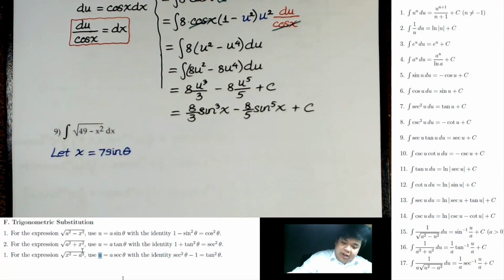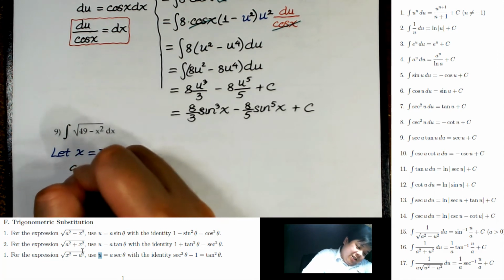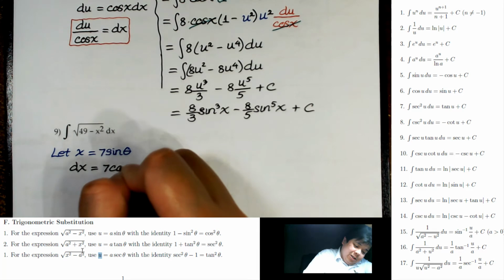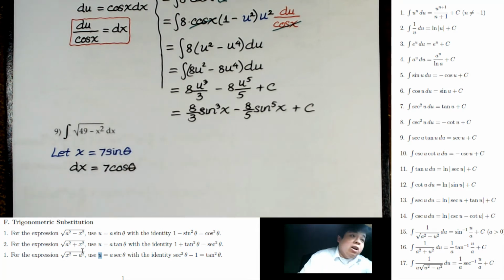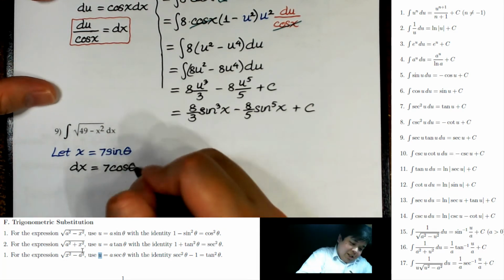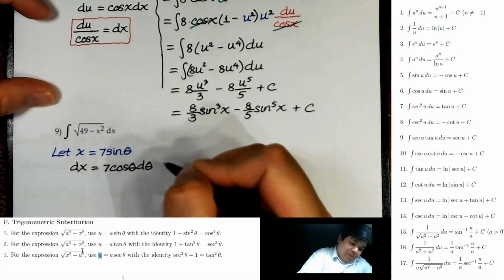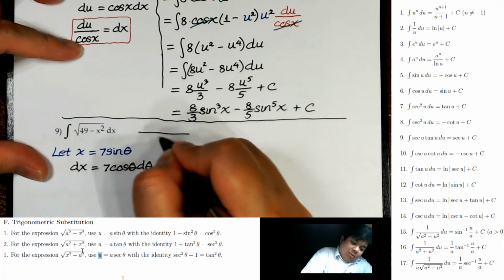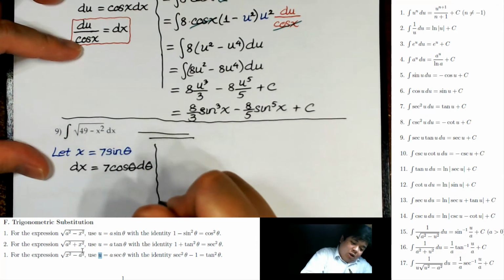Then we take the derivative: dx equals 7 cosine theta d theta. Everything's ready. We just need to make a substitution back in.